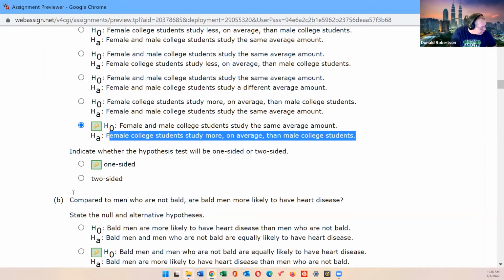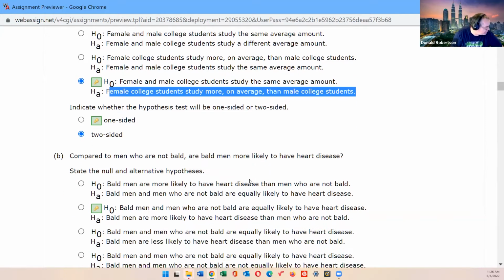And it's a two-sided test when it's a not equal to, you know, they're different in some way. So if the alternate hypothesis is not equal to, then you know you're looking at a two-sided test. And if it's greater than or less than, you know you're looking at a one-sided test.